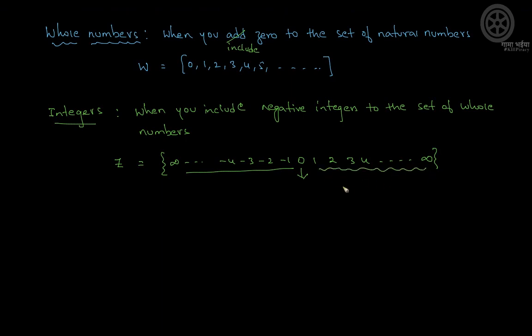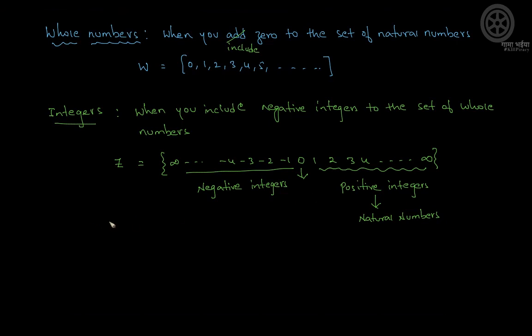These are also called positive integers. So integers are a combination of negative integers, 0, and positive integers. All positive integers are called natural numbers, because the natural numbers are 1, 2, 3, 4, and so on to infinity, right?